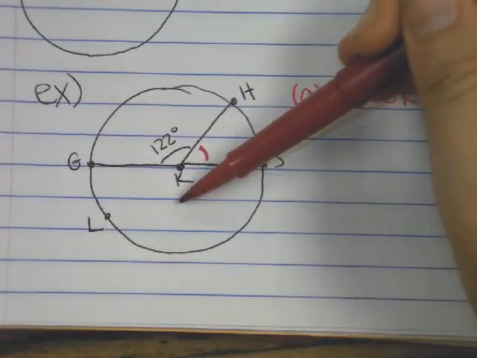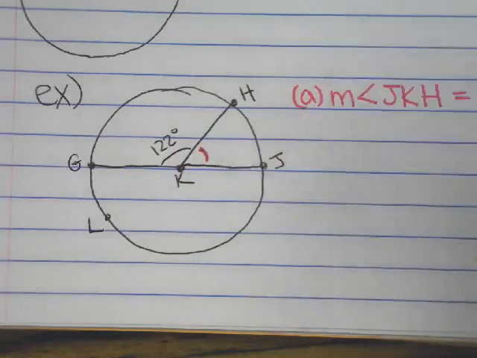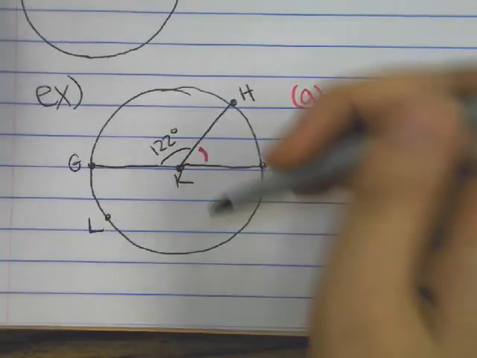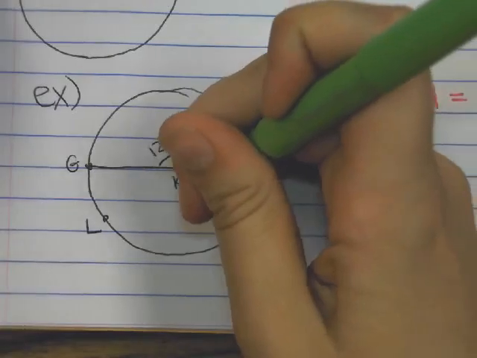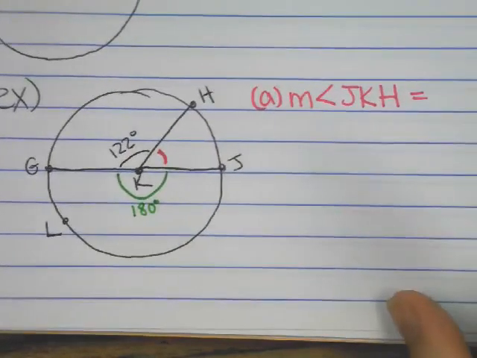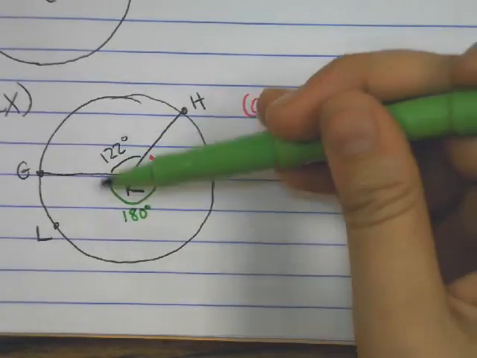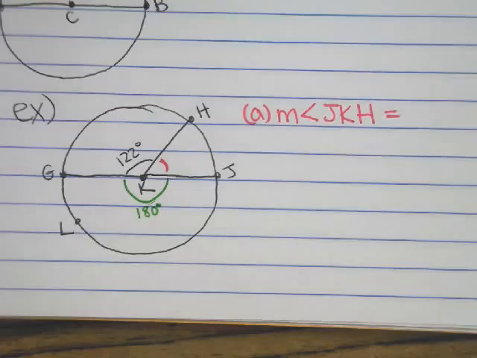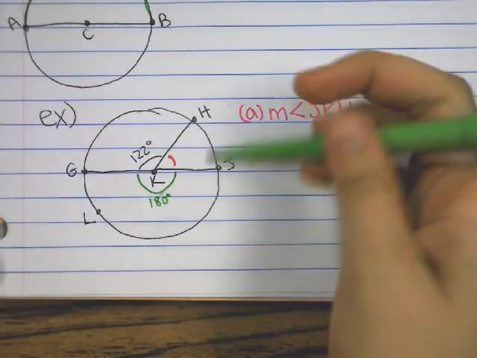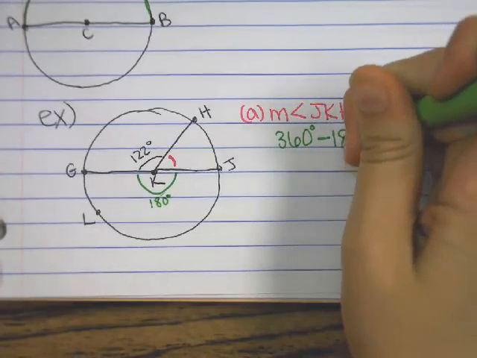First, this right here is a straight line, GJ, so that's 180 degrees. What we need to do to figure out the measure of this angle is we know there's 360 degrees total here. So we're going to take 360 and take away the angles that we know.